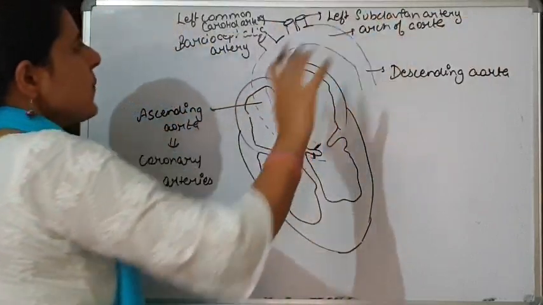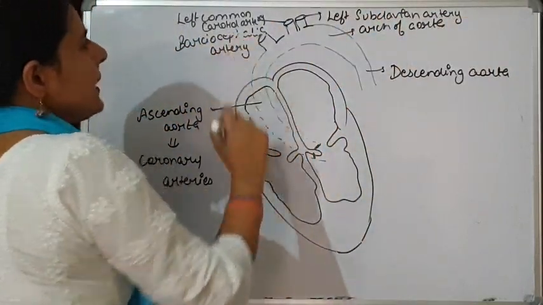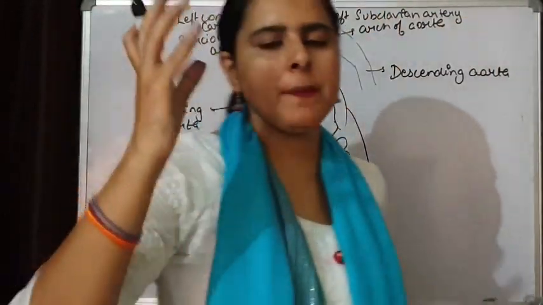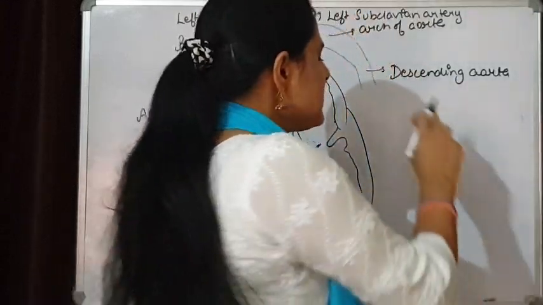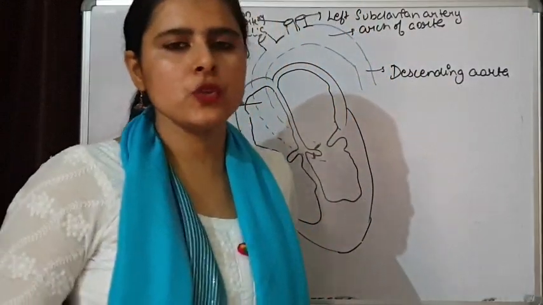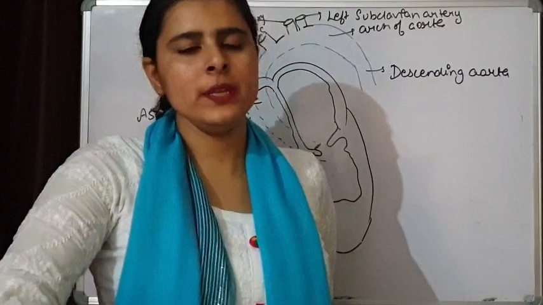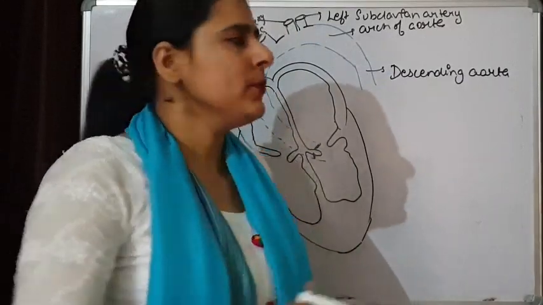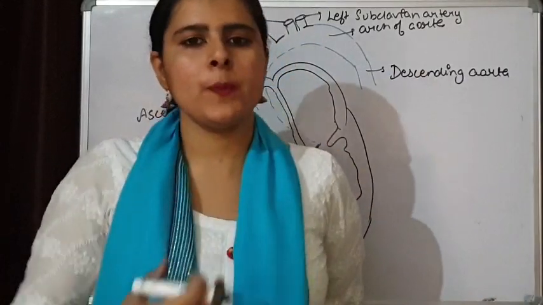And they will be responsible for providing oxygenated blood to upper parts of our body. This descending aorta is going to move through thorax and abdomen. It will bifurcate and provide oxygenated blood to lower parts of our body.